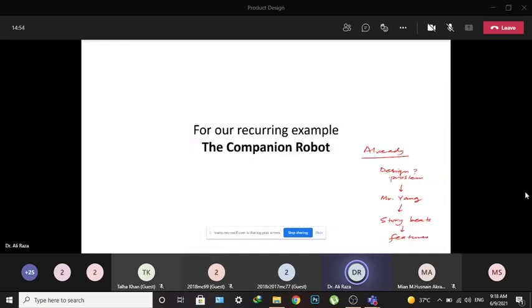Then we moved on to the recurring example of the companion robot, and in that we identified that the design problem is already taken care of. Then we moved on to the development of the personas, and out of those personas, one representative persona, that of Mr. Yang, defines how the user is going to have certain requirements, aspirations, and expectations of the product, and how we're going to meet those.